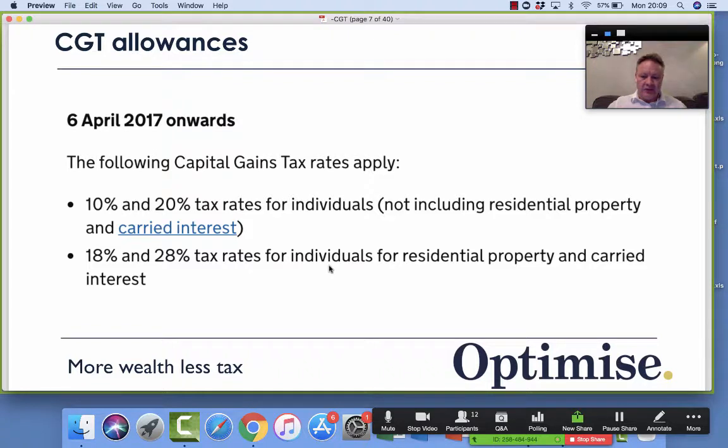But one of his parting gestures was that he wanted a lot of people to sell their properties to give house buyers an opportunity to own property instead of those dreaded landlords that we all are. But one thing he did do is he reduced capital gains tax to 10% for basic rate taxpayers and 20% for high rate taxpayers, but not for residential property investors.